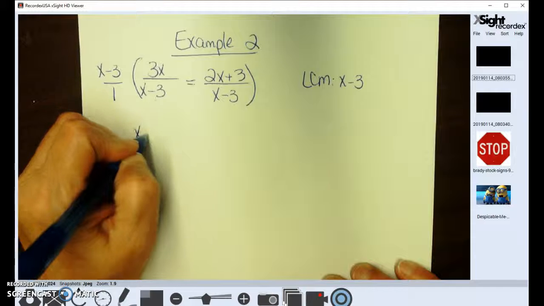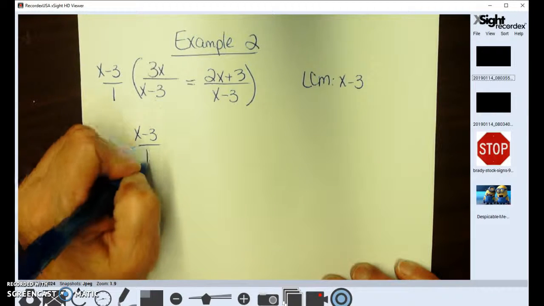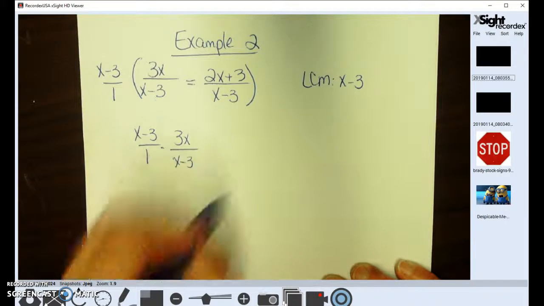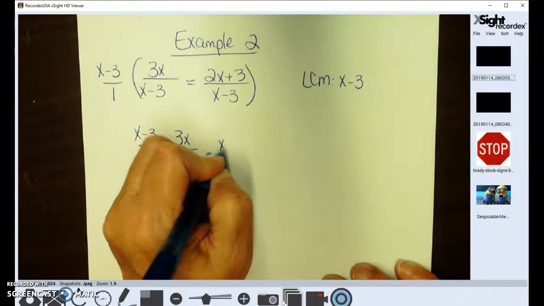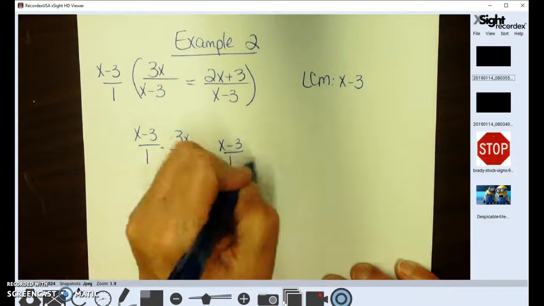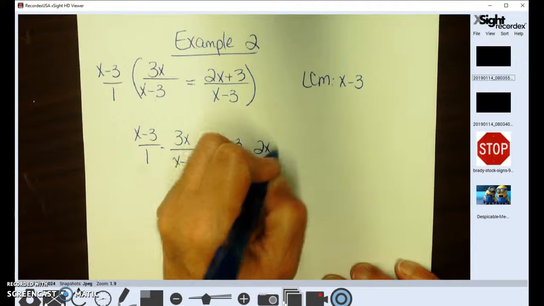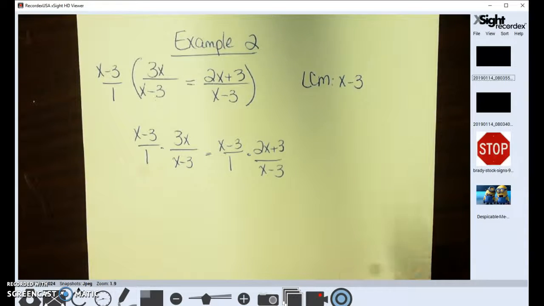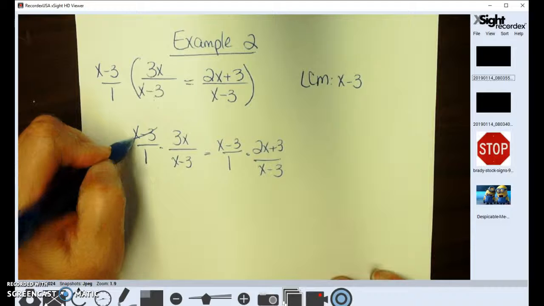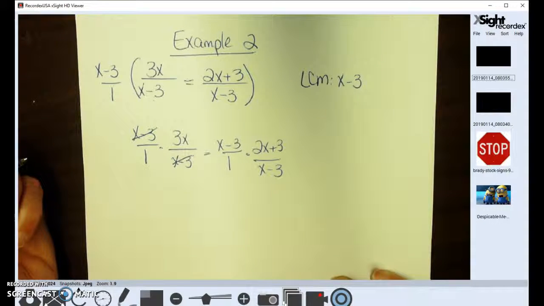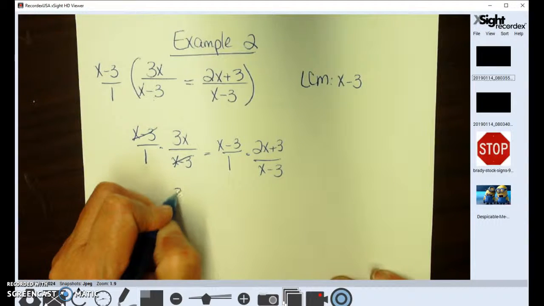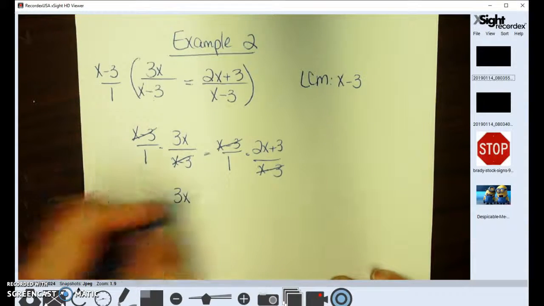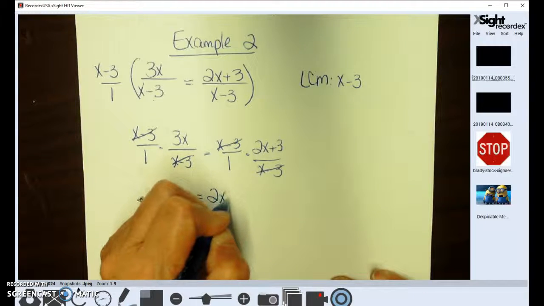So I get x minus 3 over 1 times 3x over x minus 3 equals x minus 3 over 1 times 2x plus 3 over x minus 3. The good thing about this is this x minus 3 is going to cancel that x minus 3, so I'm left with 3x. This x minus 3 is going to cancel this x minus 3, so I'm left with 2x plus 3.